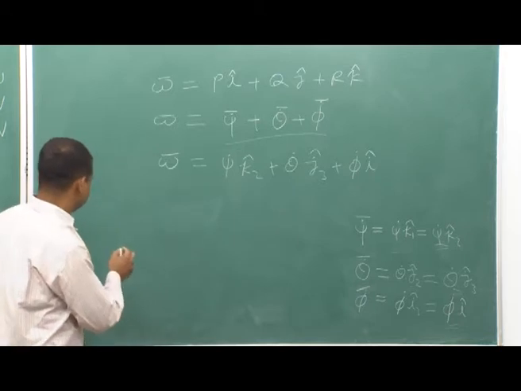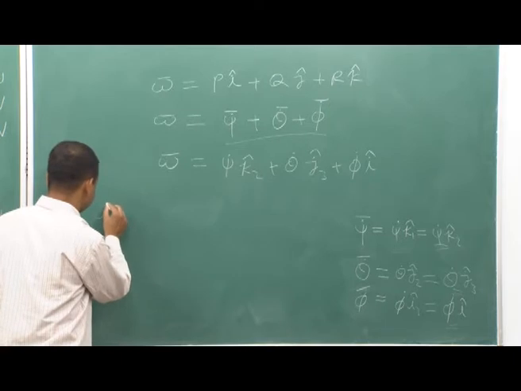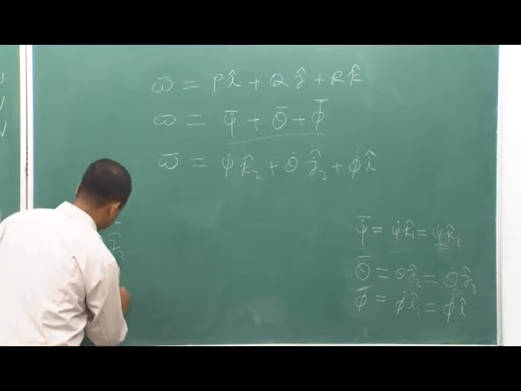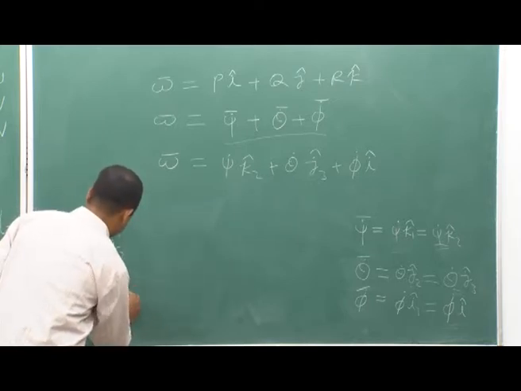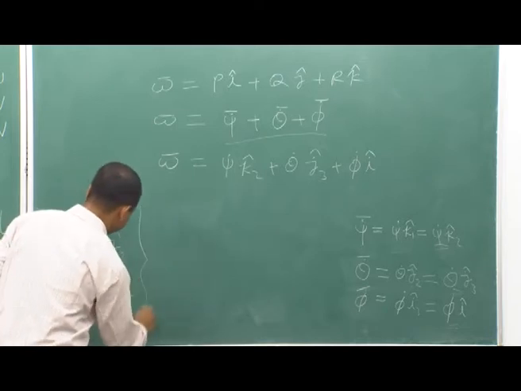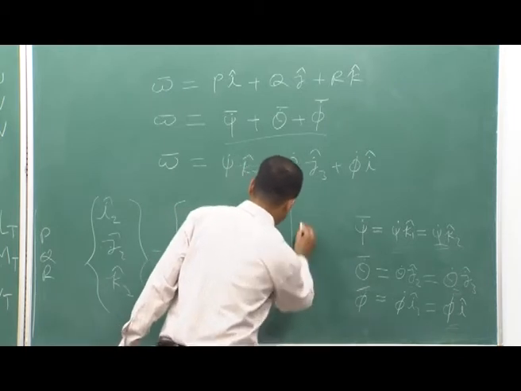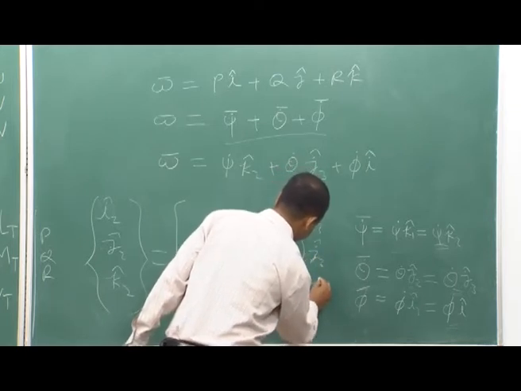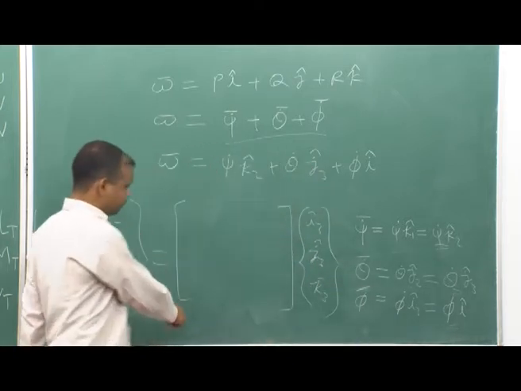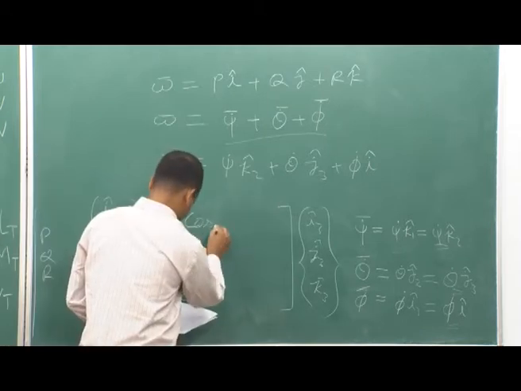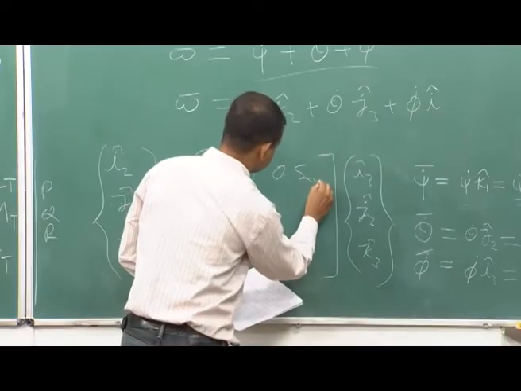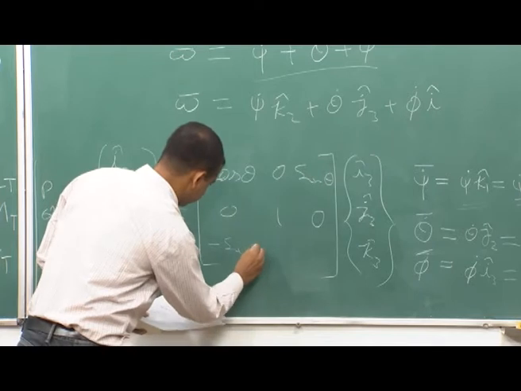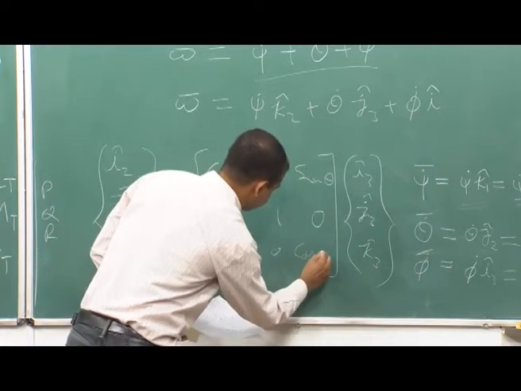If you remember our second rotation, that was theta, and we were getting the I2, j2 and k2, and the rotation matrix was, suppose this is I3, j3 and k3, this was the second rotation, that is theta, and this was given by cos theta 0 sin theta, 0 1 0, minus sin theta 0 cos theta.